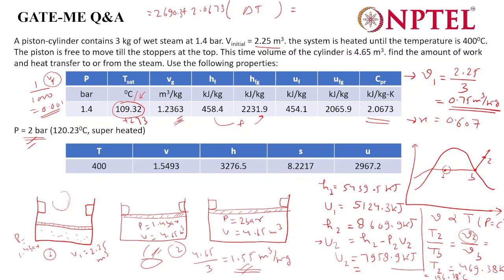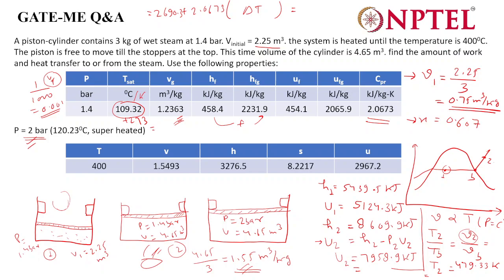It should be 479.33. Yes, sir. 479.33 Kelvin. So 479.33 minus this, how much is it coming?